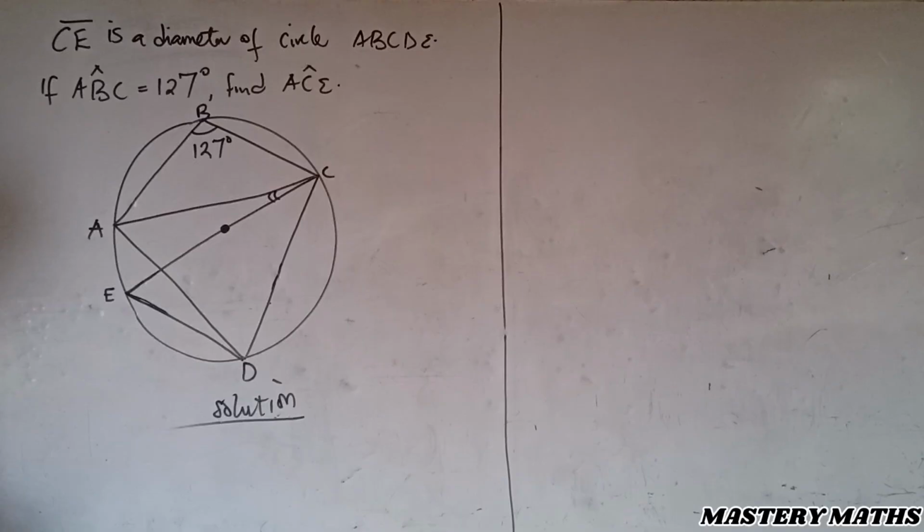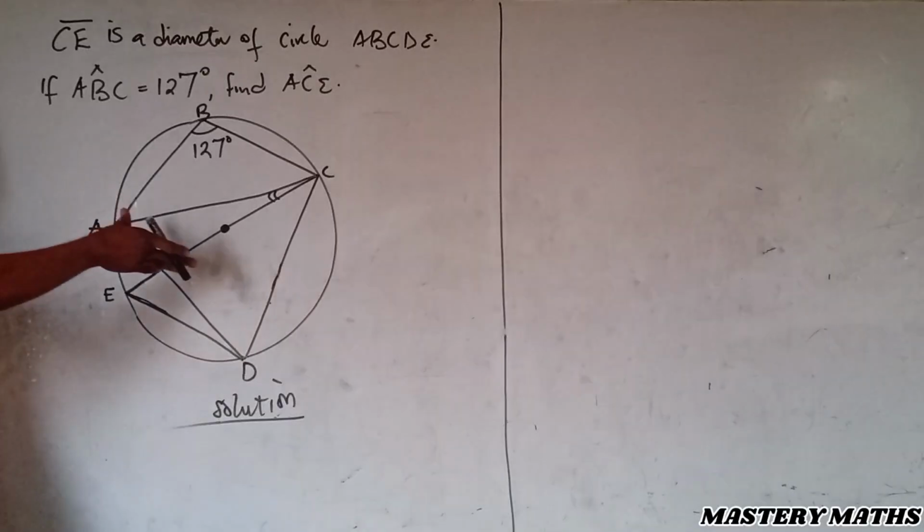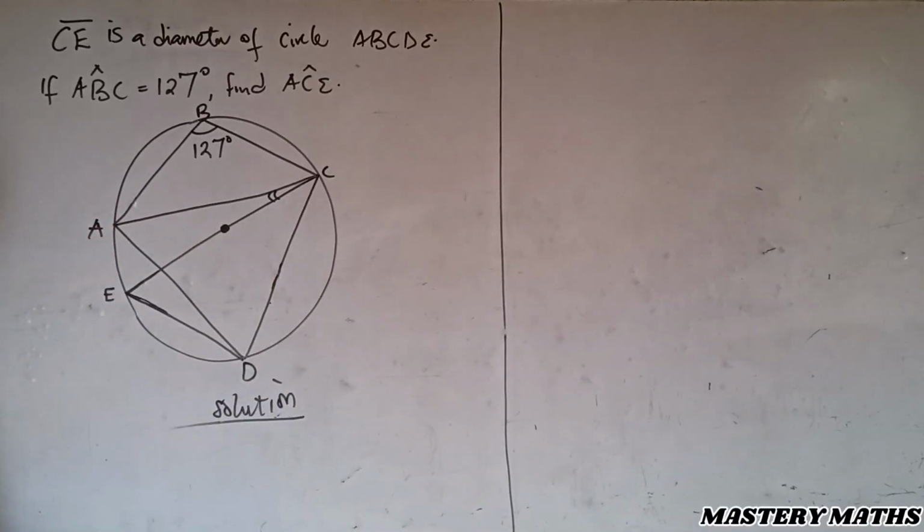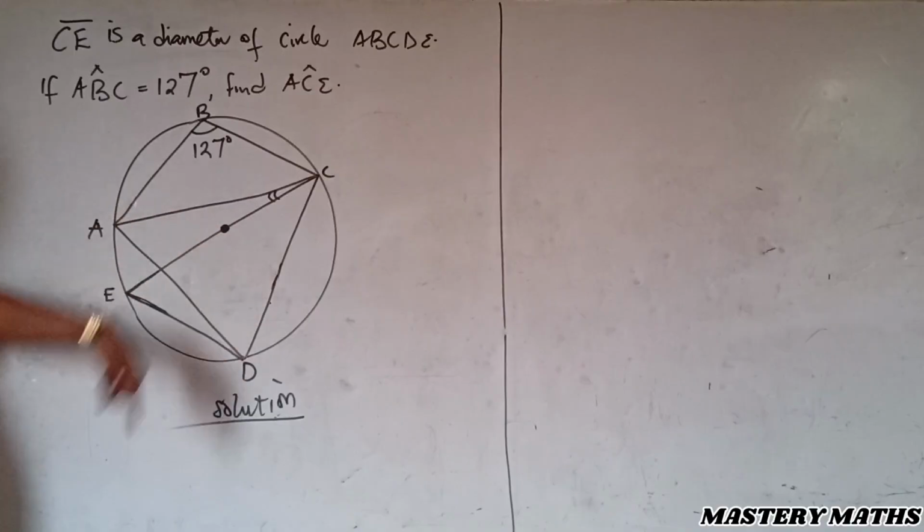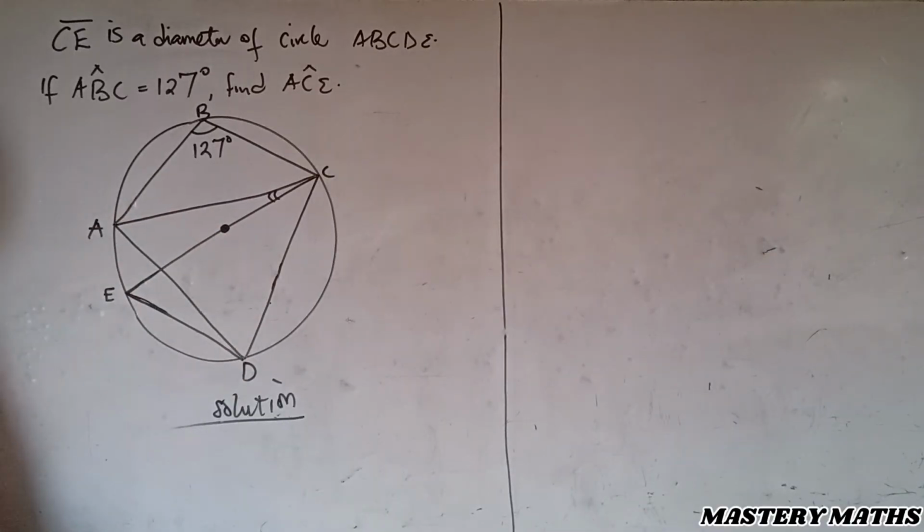If you look at this circle, you have two different shapes. You have a quadrilateral and you have a right angle triangle. The quadrilateral is inscribed in this circle, and the right angle triangle is angled in a semicircle, 90 degrees.